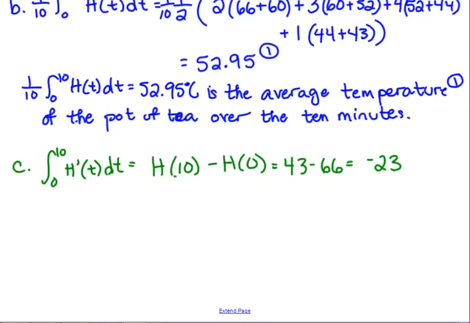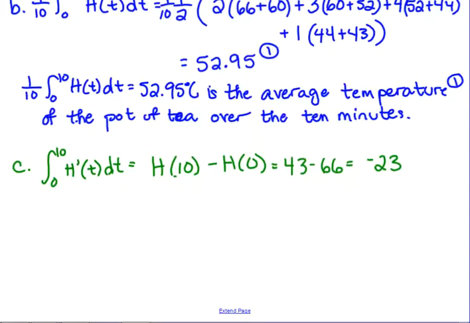So using correct units, explain the meaning of the expression. What are we doing? We're accumulating. h of t represents the temperature, so h prime would be the rate of the temperature change. And we're accumulating that temperature change, so the result is going to be the amount of the temperature change.